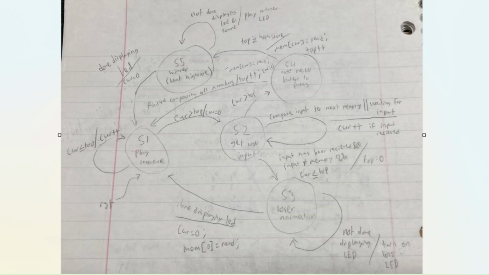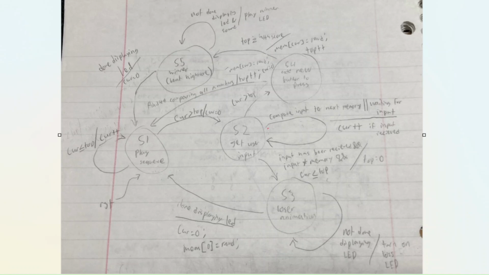S1 flashes the LEDs in the pattern that the user has to follow later. This will be done by accessing memory at every cur, starting from when cur is 0. After that has been played, S1 goes to S2. S2 takes in an input, compares it to memory locations until all memory locations have been compared with the input.